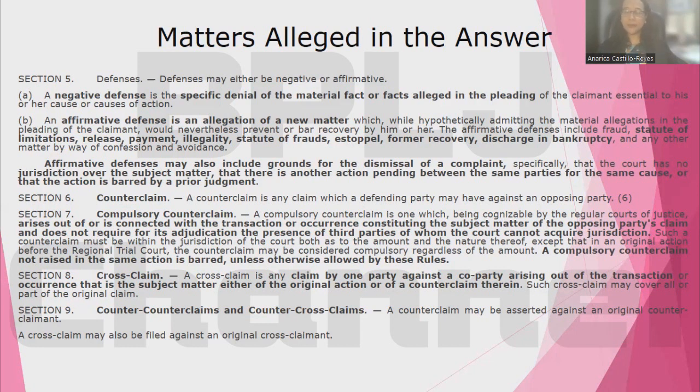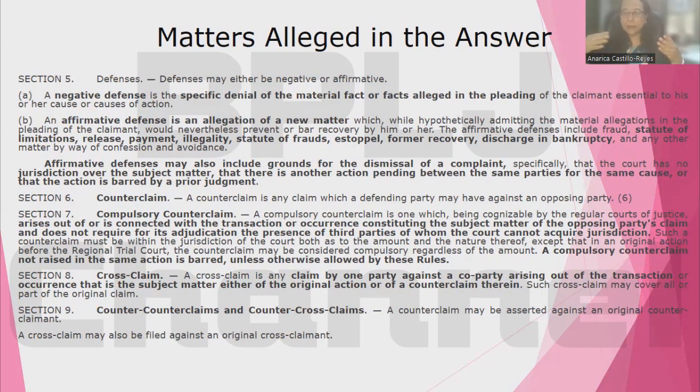What is a negative defense? It is a specific denial of the material facts alleged in the pleading, essential to her cause of action. So, a specific denial of the material facts alleged in the pleading. Now, what would make a denial specific?